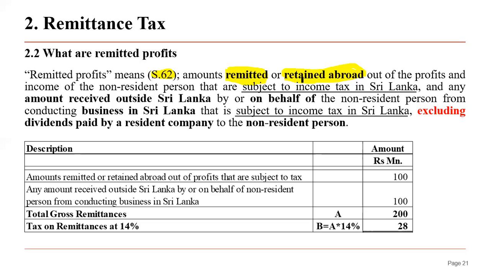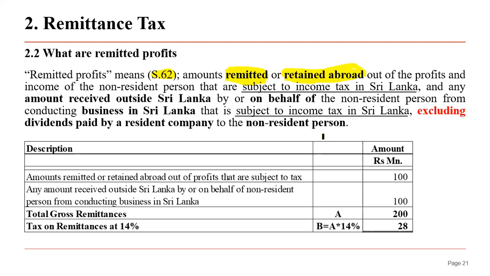The onshore part will have a profit. The offshore part is also attributable to the Sri Lankan PE, so that is also liable to remittance tax. They are taken together as the entire profit, and they need to consider that when making payment of remittance tax, right? The retained part and the remitted part. Here, the explanation is given, excluding the dividend paid by a resident company to a non-resident person.